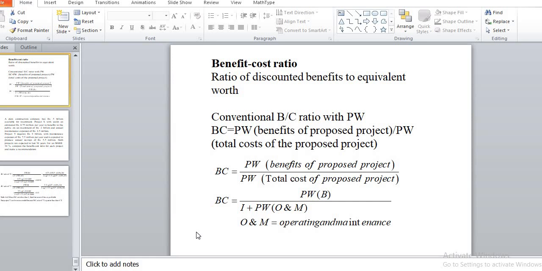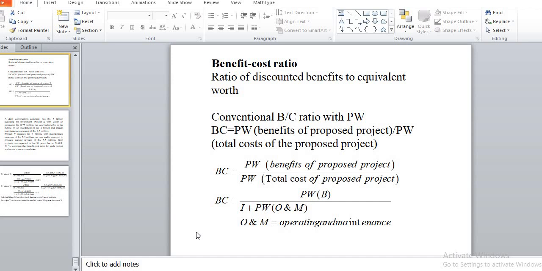By these three methods we can consider the interest rate for the benefit and cost that we calculate by subtracting the operating and maintenance cost from the money obtained by selling that particular product, divided by the investment in that particular project or machinery.